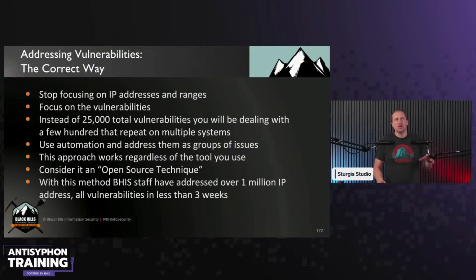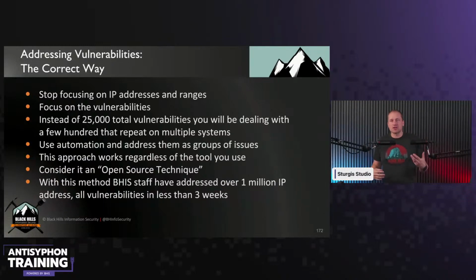Let me explain that. If you're focusing on the vulnerabilities, instead of having 25,000 vulnerabilities, you're seeing a lot of them repeat again and again on multiple computer systems. So if we look at TLS SSL cipher suites, if I have a few hundred web servers and they all have that same TLS SSL vulnerability, that's actually one vulnerability that exists across multiple systems.